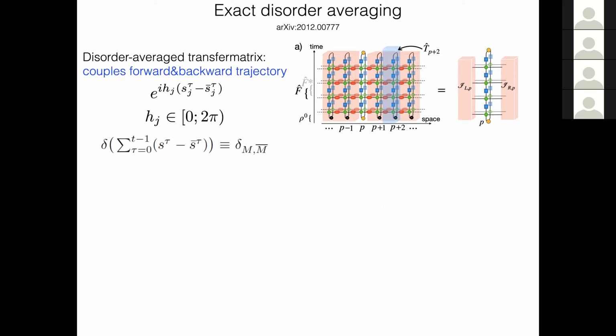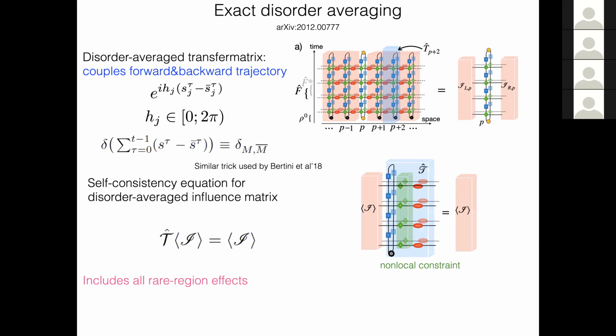So if we choose h_j to be uniformly distributed from 0 to 2 pi, then averaging this term, we would just get a delta function, which forces the magnetization on the forward and backward contour to be the same. This has been previously used by Bertini, Kos, and Prosen in their work on dual unitary circuits, this way of disorder averaging.